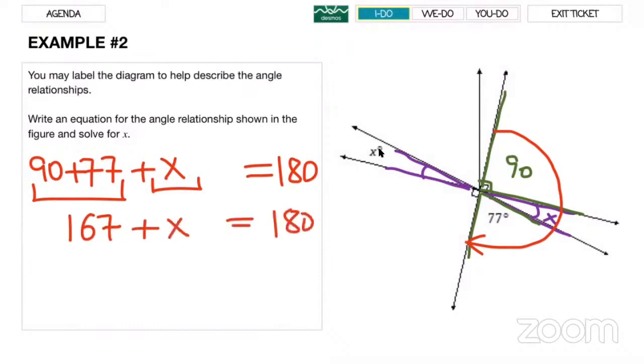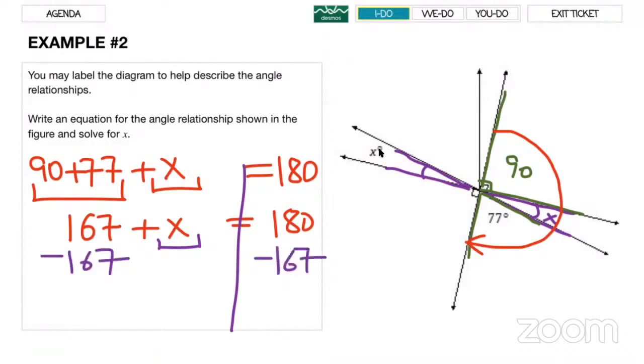To figure out what x is, this is a one-step equation, by the way, and all you need to do is just take a look. What is the variable? It's right here. You're not going to touch this because that's not our job. Our job is to cancel out whatever is other than x, which is 167. So you need to subtract 167 from both sides of the equal sign. Okay, and clear out.